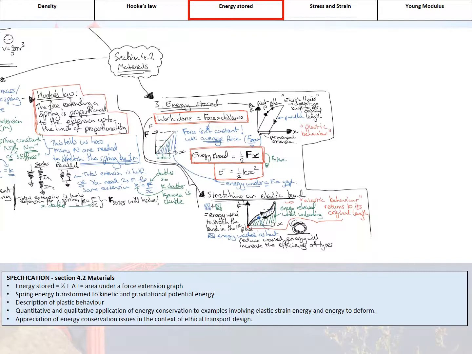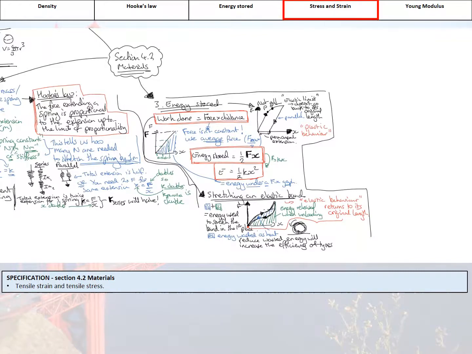The next chunk is on stress and strain. So, section 4, stress and strain.